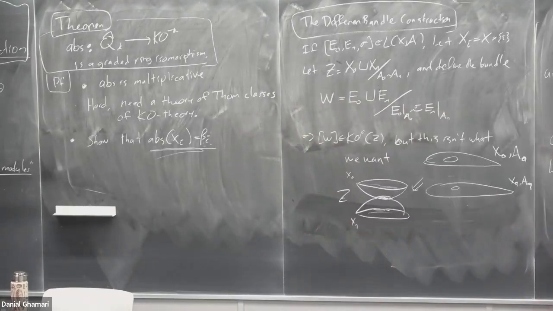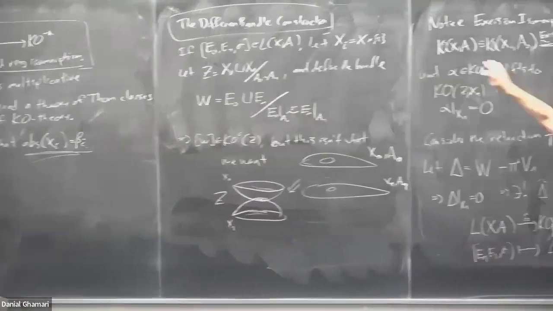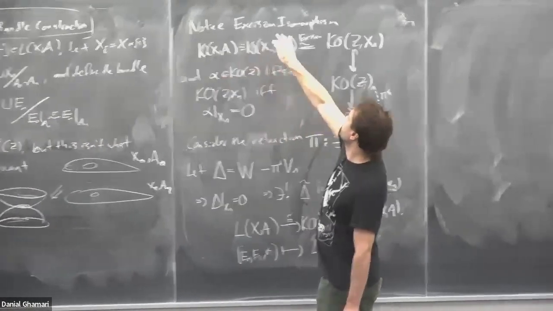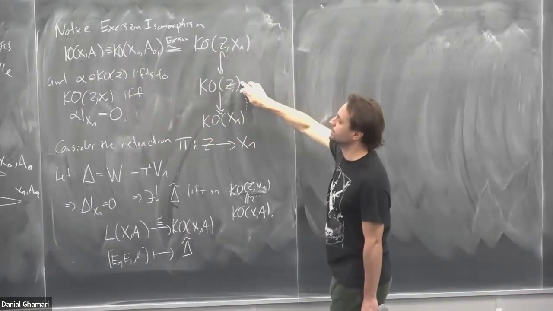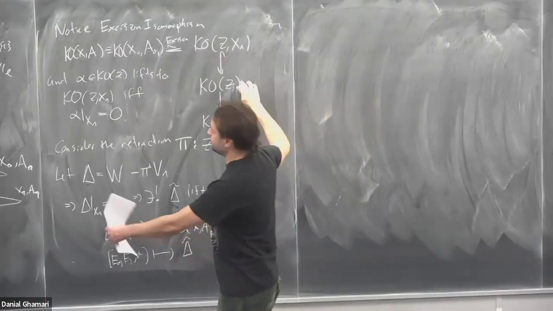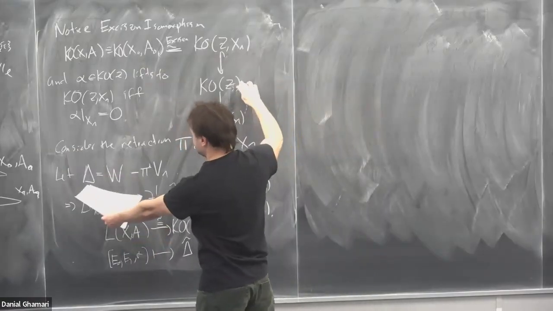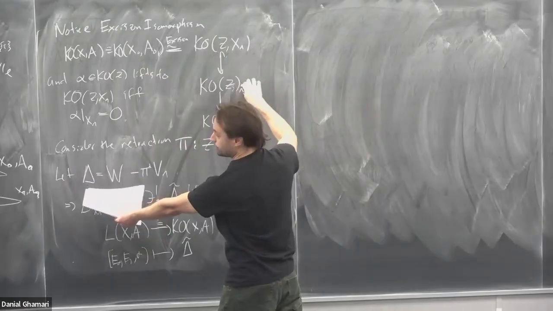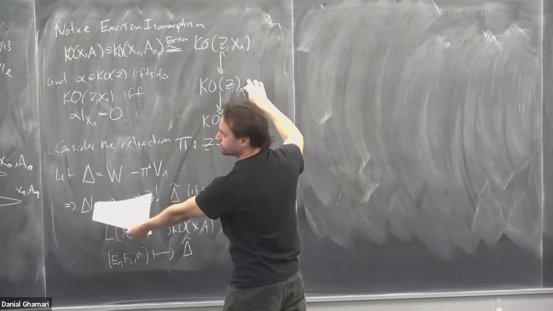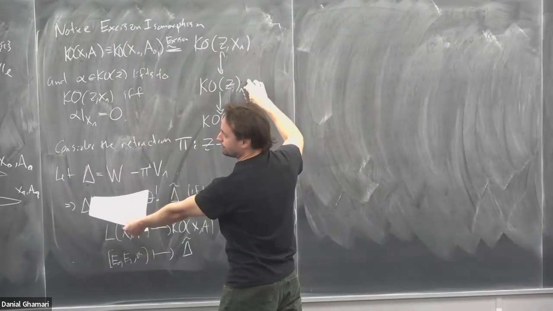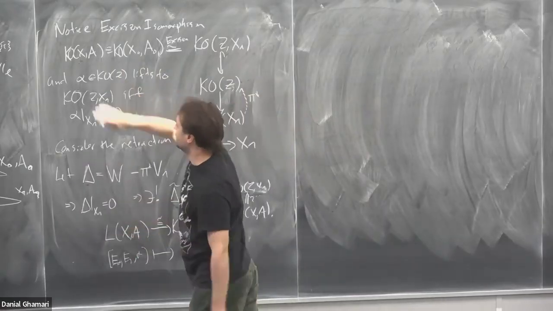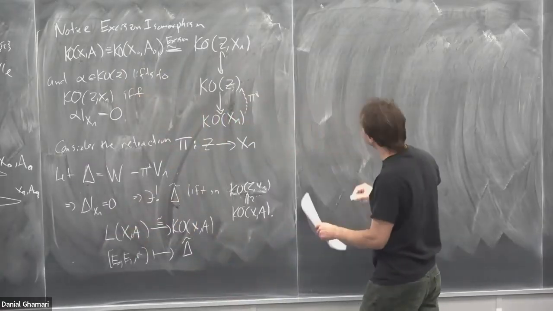It wasn't just a relative thing. So instead of thinking of our thing in here, we can isomorphically transport it over here and embed it into here. So in fact, not the W that we started with, but this delta that we get in this KO of Z, is a suitable geometric representation for our relative element in KO of X comma A.